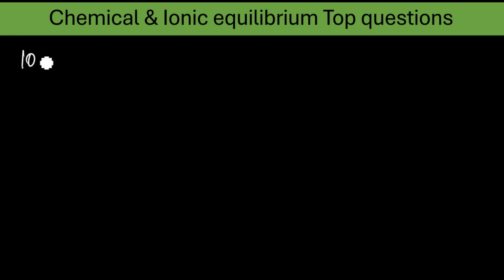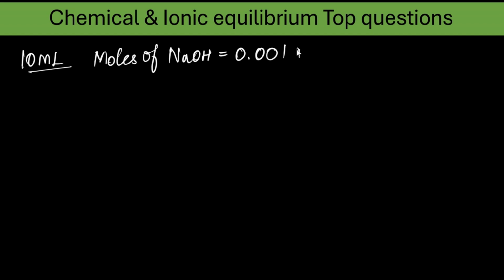First, 10 ml of NaOH. The moles of NaOH added would be 10 ml of 0.1 molar, which is 0.001 mole.